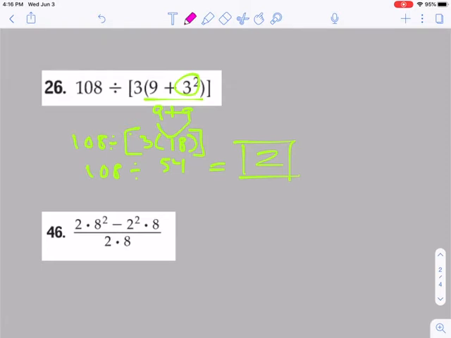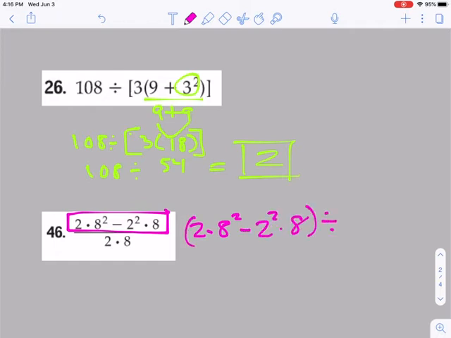But we do have a fraction problem going on here, and that's division. What you have to do is treat this whole part here like it has grouping symbols. So this whole thing, 2 times 8 squared minus 2 squared times 8, is almost like its own thing, and then we're dividing that by 2 times 8. So that's a way of looking at it, which is why we're approaching it here.